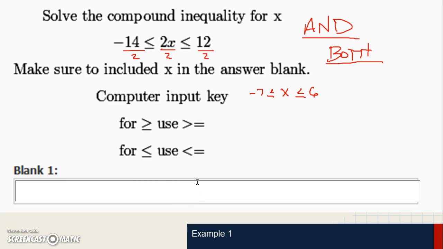That's exactly how I'm going to type it in. So this is new. We have to input the x this time because it's a compound inequality. So -7 is less than or equal to x is less than or equal to 6. And notice, it goes here from smallest, -7, to largest, 6. That's the way that our inequality should be written. We shouldn't have the signs facing the other direction. It should always be smallest number on the left-hand side to the largest number on the right-hand side.